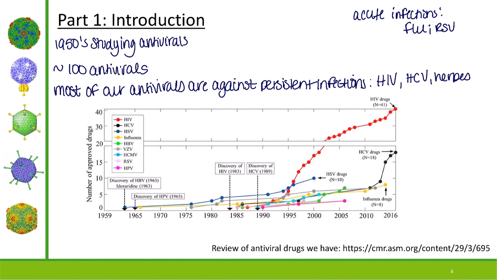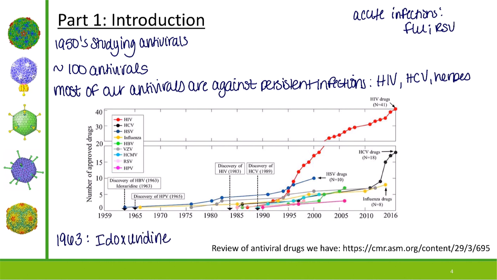Our first antiviral was discovered in 1963, and that antiviral was an anti-herpes drug, and you are going to see me struggle this entire topic with pronouncing drug names. The drug that was discovered in 1963 was idoxuridine.